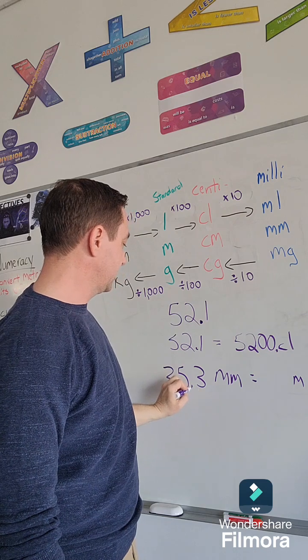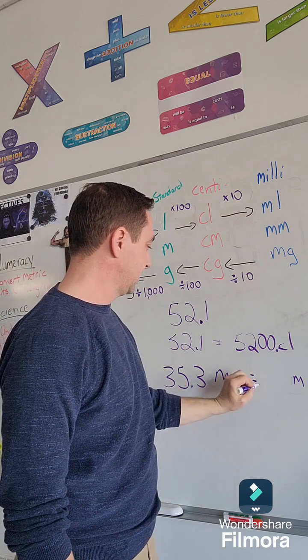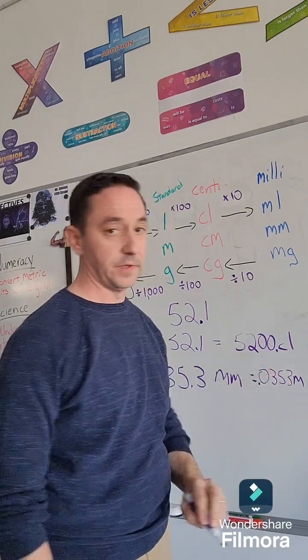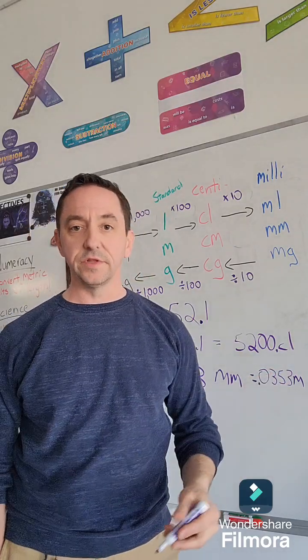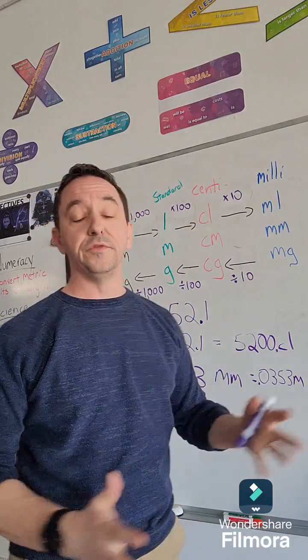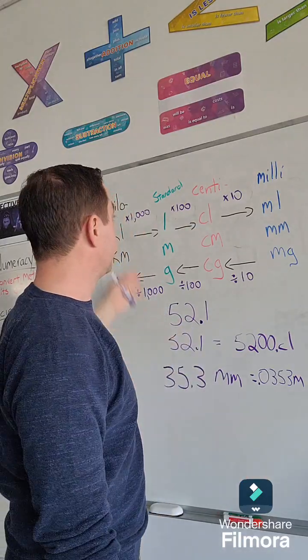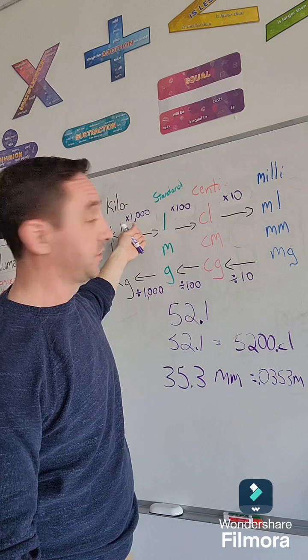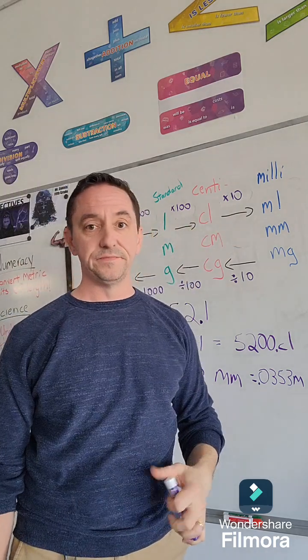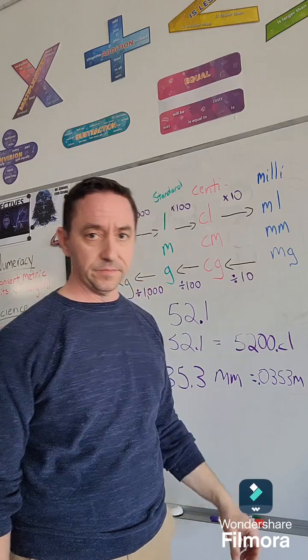I'm going to back this decimal up 1, 2, 3 places, and it's going to give me that right there. It's about counting the decimals and counting the zeros, moving the decimal. But it's easier if you could remember kilo is 1,000, centi we're multiplying by 100, milli we're multiplying by 10. Just something to think about.